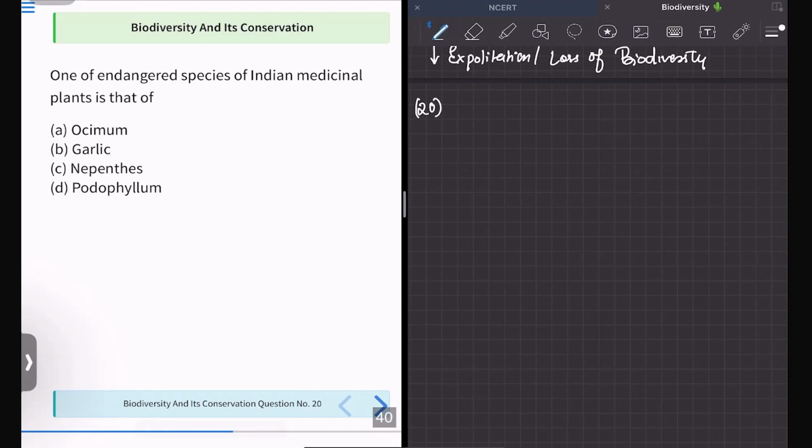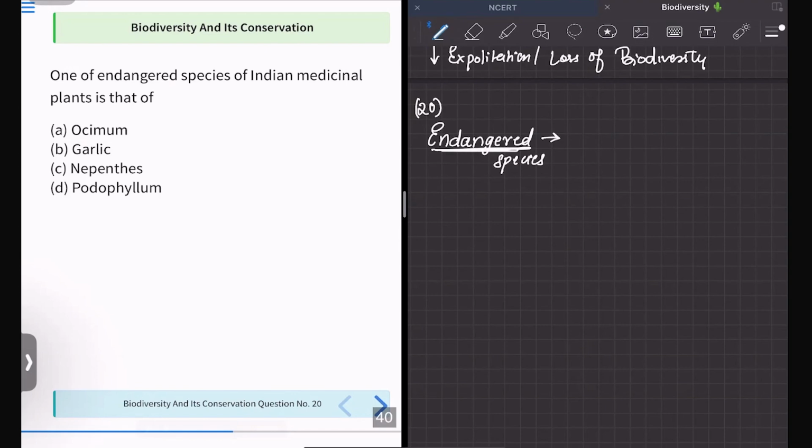Okay. Now, in this question, the key concept involved is about endangered species. So, let us try to solve this question by first trying to understand the concept of endangered. When we say endangered, what does that mean?